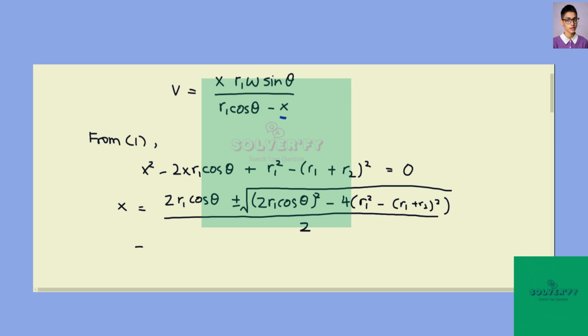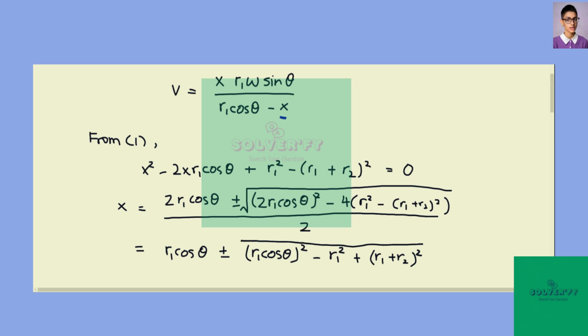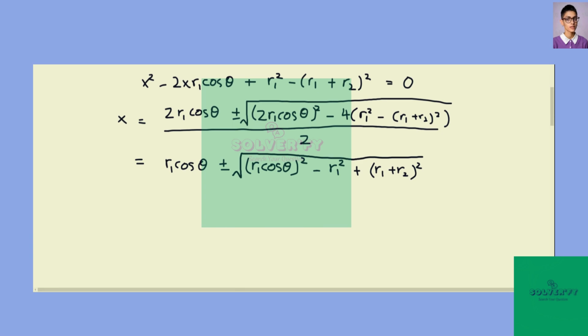Over here there's a 2 squared, there's a 4, so the 4 and 4 can be factored out to give a 2. So you have R1 cosine theta plus or minus the square root of (R1 cosine theta) squared minus R1 squared plus (R1 plus R2) squared. If we simplify further, we have R1 cosine theta plus or minus the square root of R1 squared cosine squared theta; the minus R1 squared will cancel one of the R1 squared inside here.